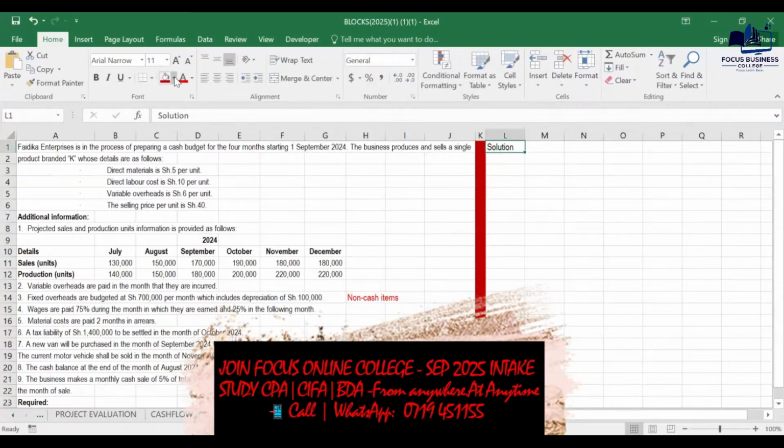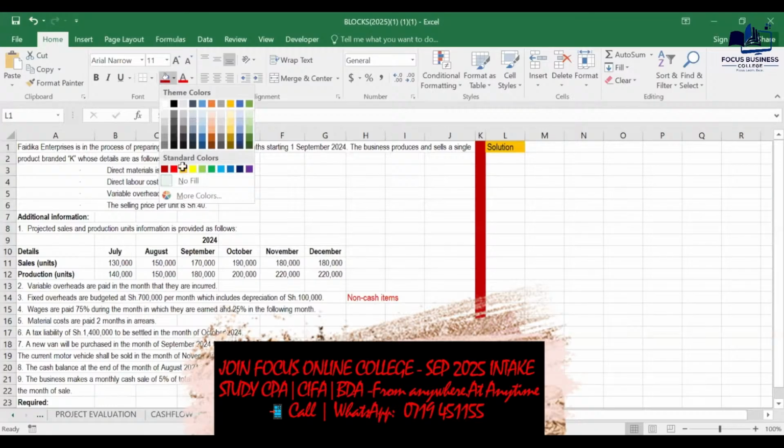But remember, the first thing you should be able to remember is the format of the cash budget. Remember, when preparing the cash budget, always we have the details column, then basically columns equal to the number of months. If you can remember the question which we did in class, we prepared the cash budget for 12 months from January all the way to December.